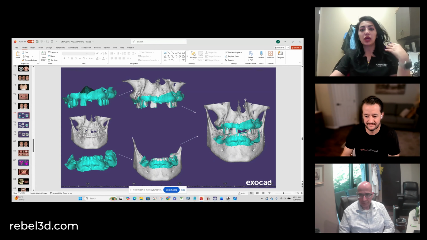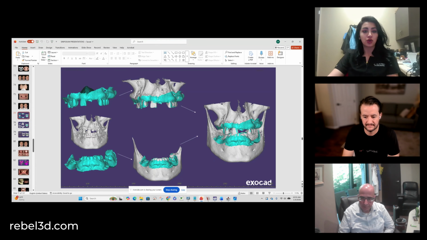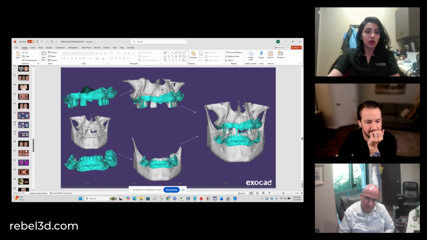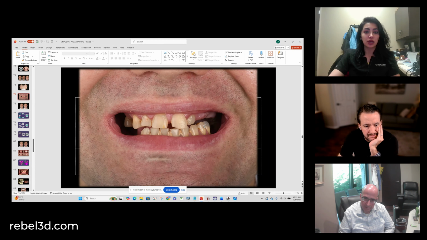So starting from here, you have your intraoral STL scans from the pre-op appointment, right? You're also capturing a CT scan at the desired vertical dimension. What do I mean by that? If the patient comes in with a collapsed bite, like this one here, I had him separate his teeth a little bit.